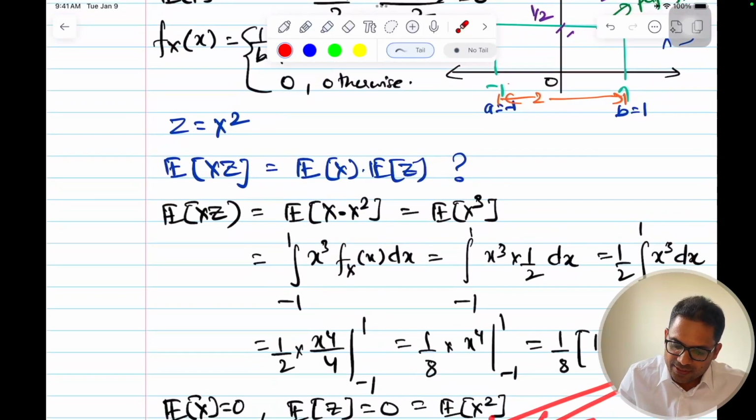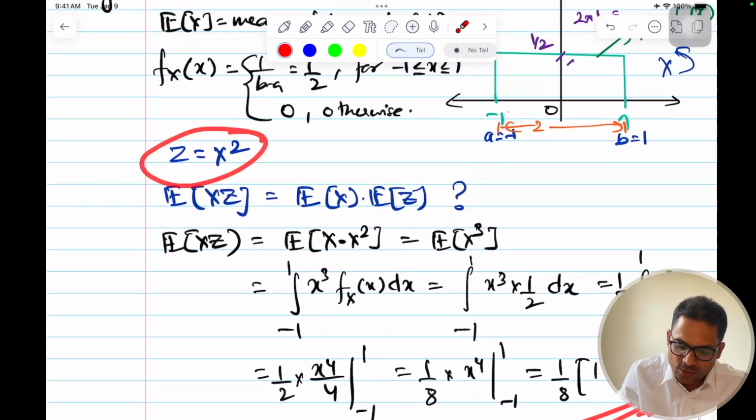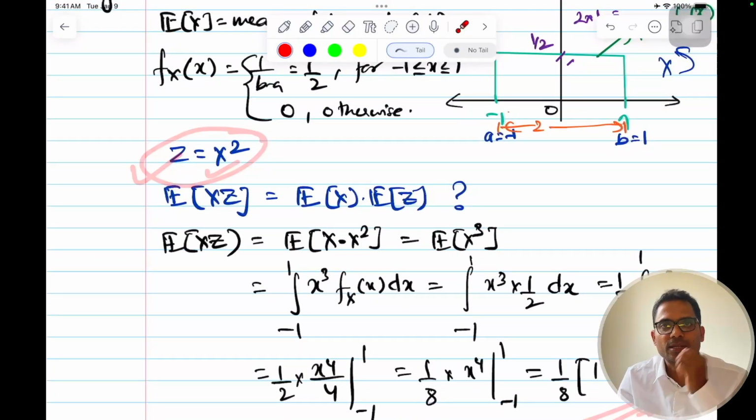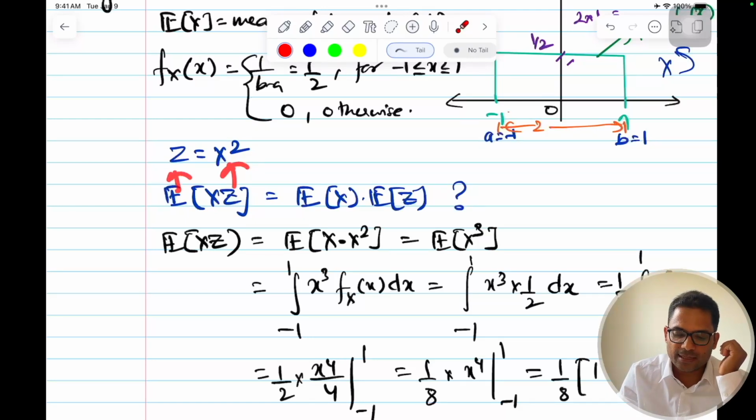But we have seen here that z is equal to x square. z is directly related to x. If x changes, z changes directly in the square proportion. So we know that z is dependent on x.